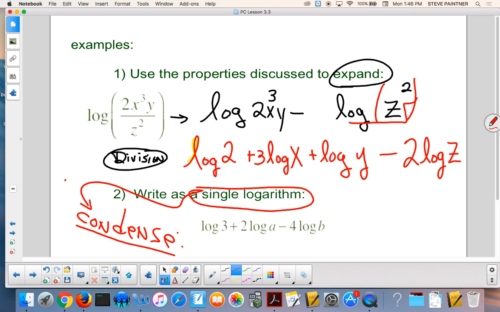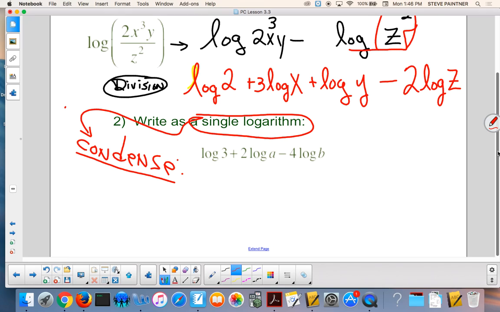So push it together and make 1 log. When you run into this on your homework, just work with 2 logs at a time.